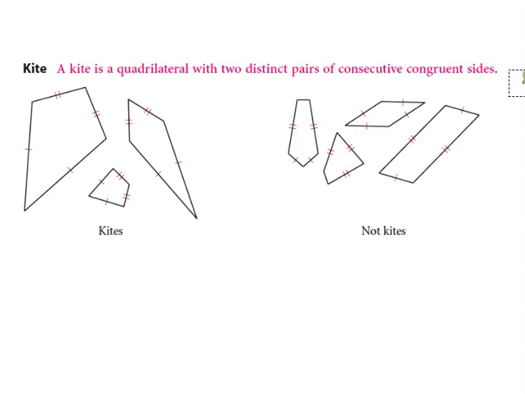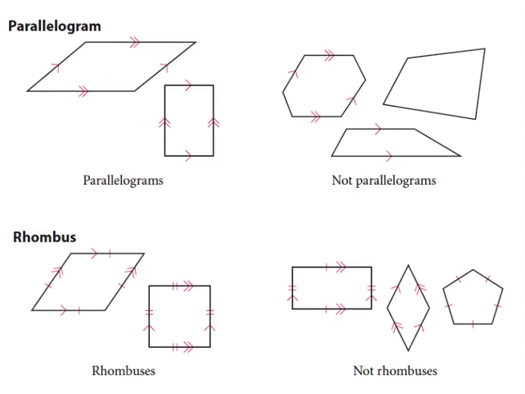Next, we have a parallelogram. So what was a parallelogram? So it is a quadrilateral with opposite sides of equal length that are parallel. Opposite sides, do they have to be equal length?